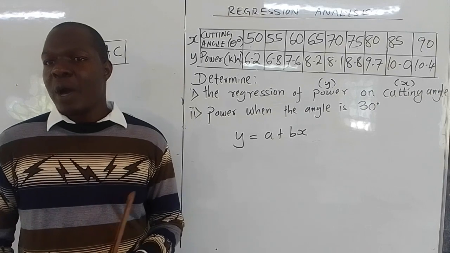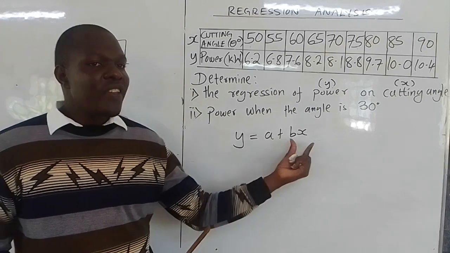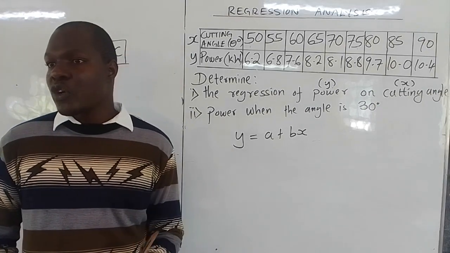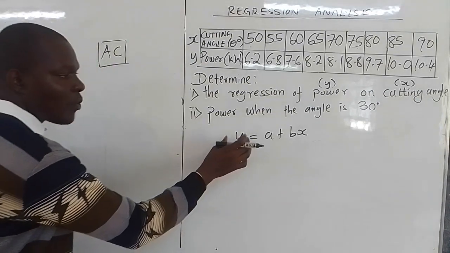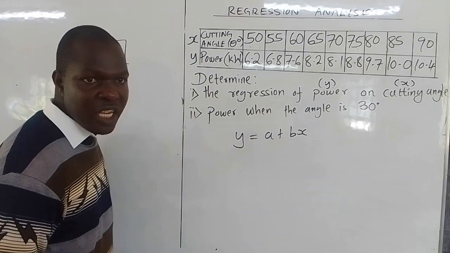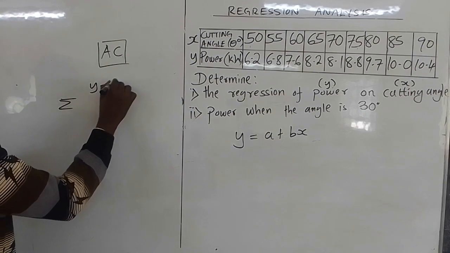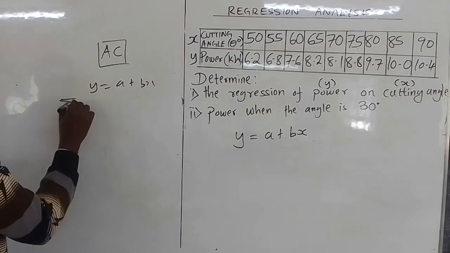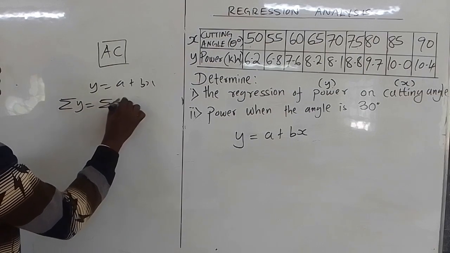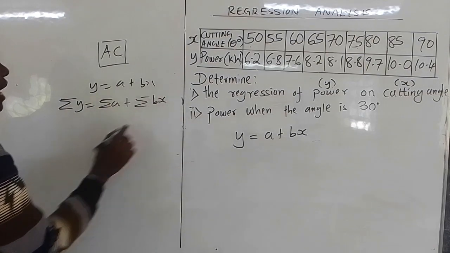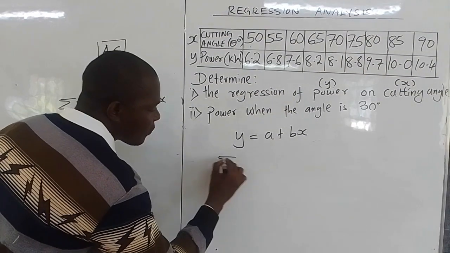Then this is where you write the formula for the least squares regression line, isn't it? The first one, we sum both sides. When I sum both sides of y equals a plus bx, I will have summation y equals summation a plus summation bx. So here, I will get what?